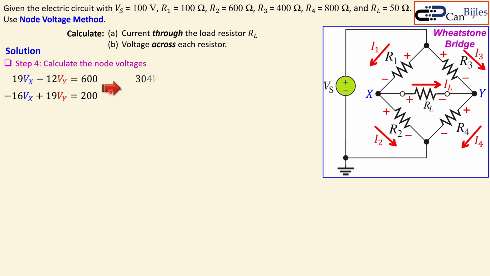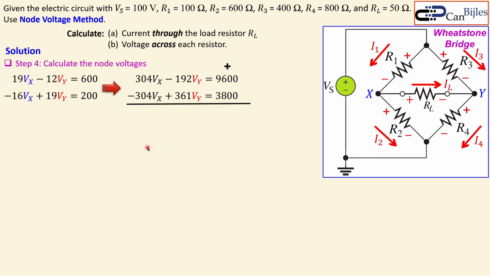So I multiply this first equation with 16, that will get 304 times Vx minus 192 times Vy, so that's just times 16. And this also times 16, so 600 times 16, you will get this equation. Now this must be then times 19, so you will get this. And now we need to add them up to get rid of one of the unknowns.